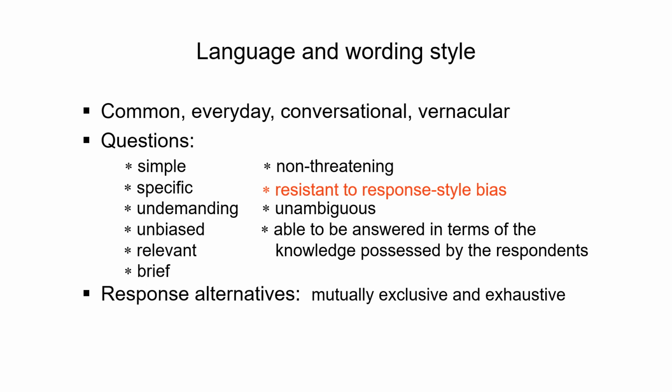Response style bias is the tendency to respond in a manner without proper regard to the particular question, like responding all agree or all yes to almost all questions, which is known as acquiescence bias. And this is usually observed among those with low education or income. The other type is social desirability bias, which is the tendency to give answers perceived to be socially desirable.